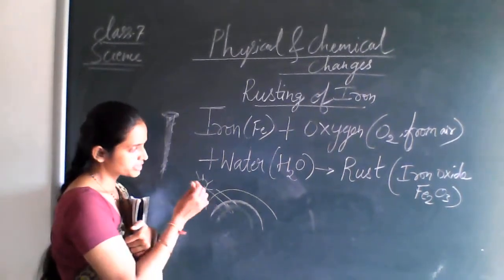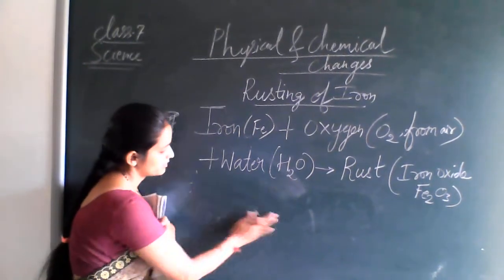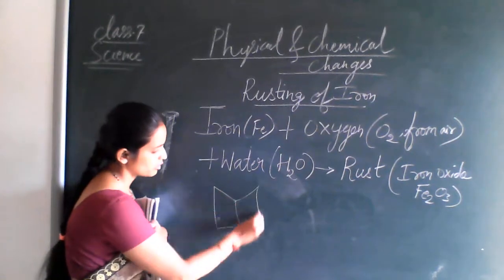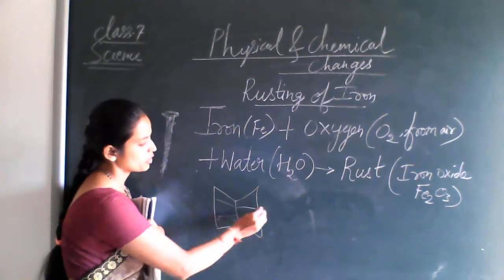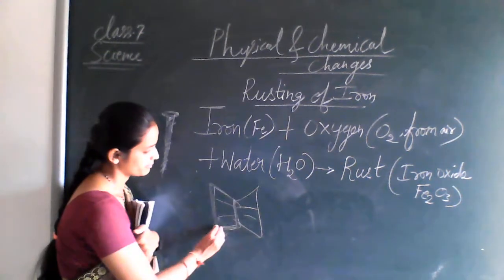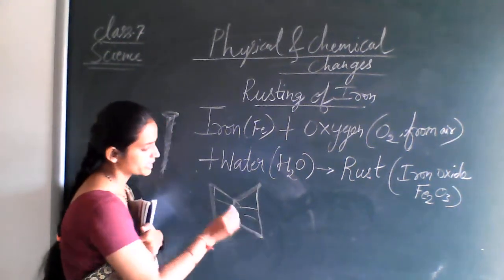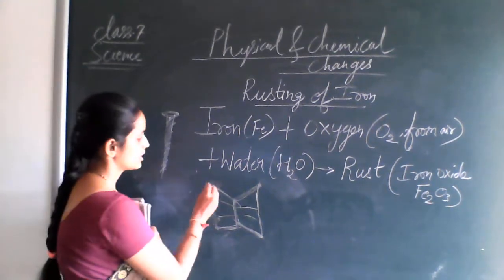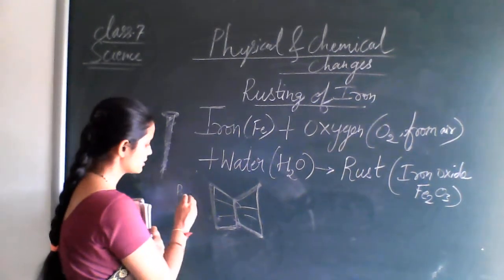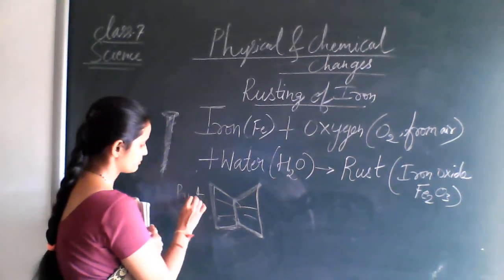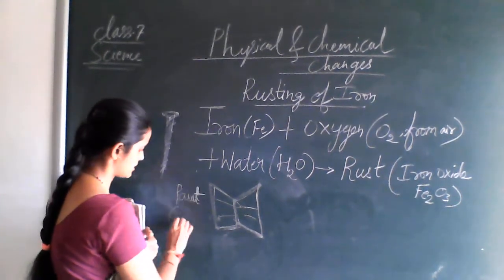Same thing, if you have an iron gate or window, doors, we are going to apply a protective covering on the surface of the iron metals. It may be paint or grease.